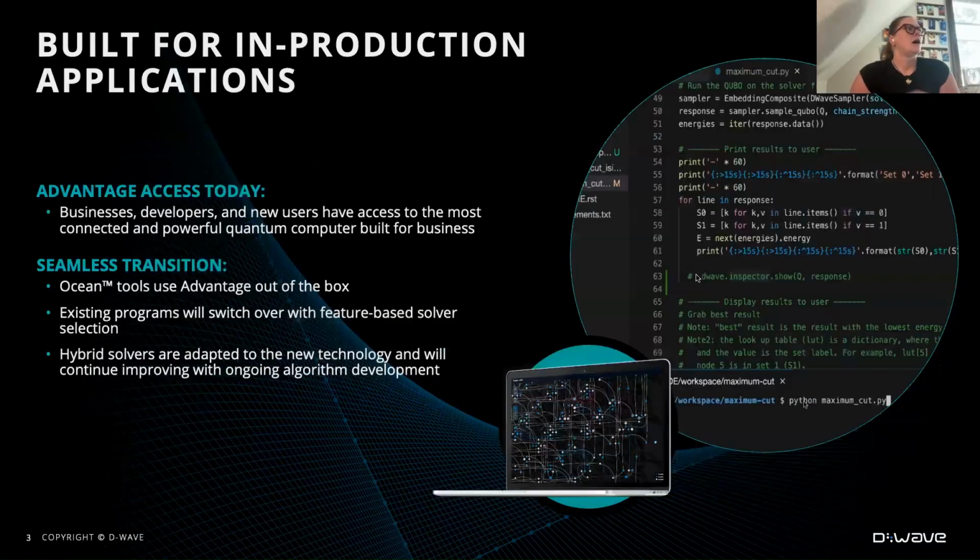We call ourselves a practical quantum computing company, and really that means that we build our technology, our quantum computers, and also the tools that go along with the quantum computers for in-production applications. So our goal for businesses that come to us looking for solutions is that not only will they build an application for a quantum computer, but they'll use that application in their business at regular intervals.